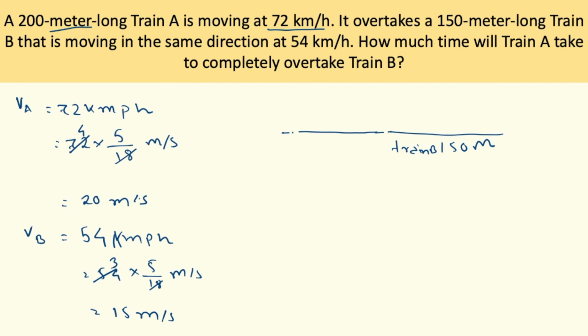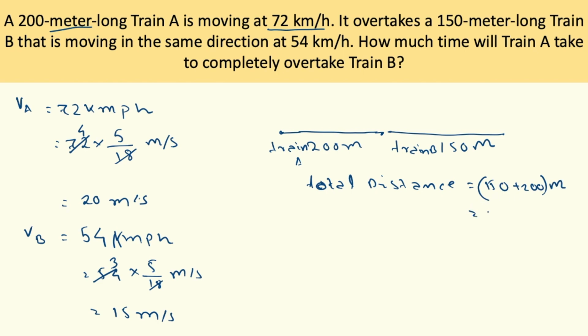So let this be the 200-meter long representation of train A. Notice here one thing, if train A has to overtake train B, if the engine part comes here, then it has to travel another 200 meters to completely go ahead of train B. Hence the total distance which needs to be traversed by train A would be equal to 150 plus 200 meters. So 150 plus 200 gives me 350 meters.